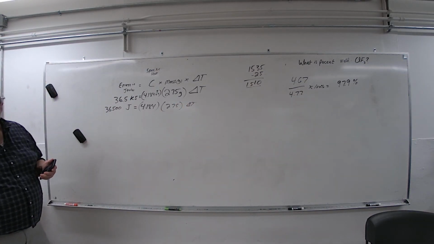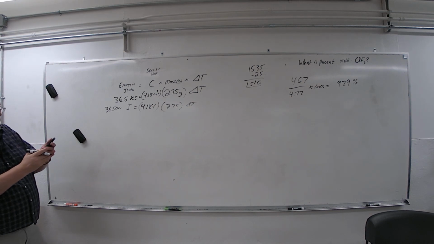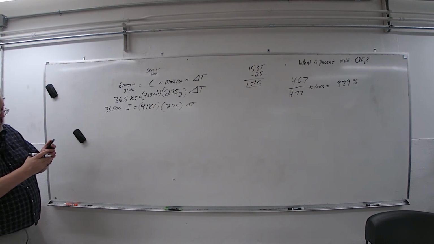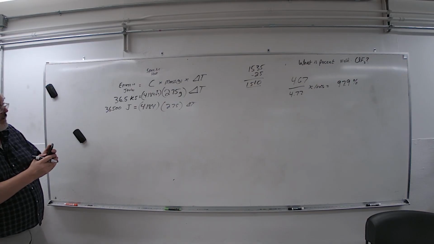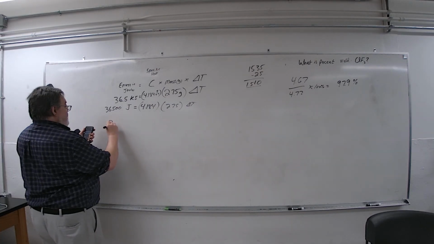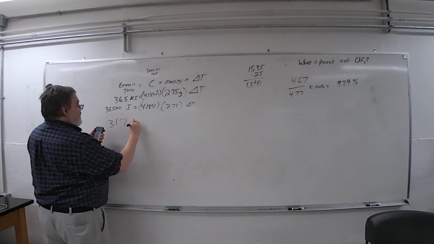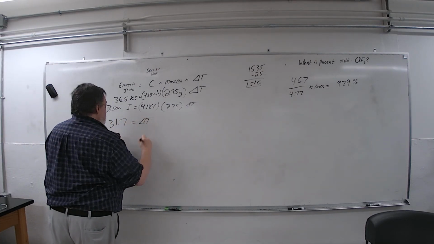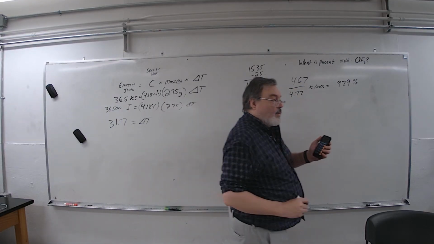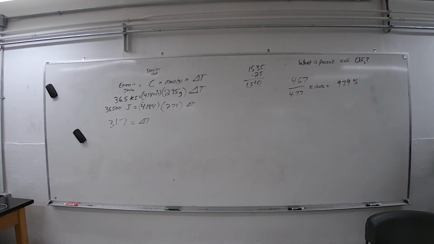So now both sides are in joules. 36500 divided by 4.184 divided by 275. And I get 31.7 degrees C should be in the answer.